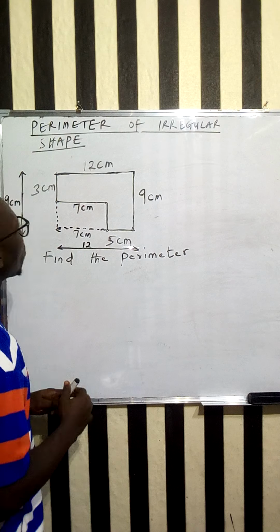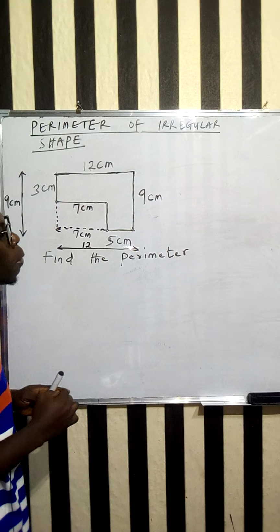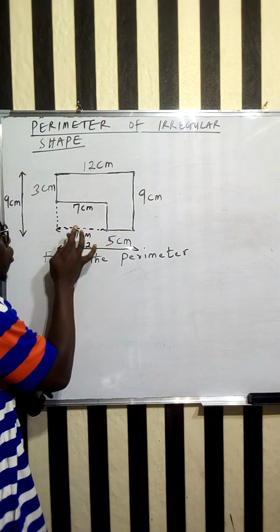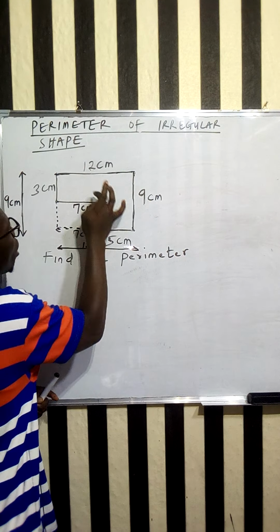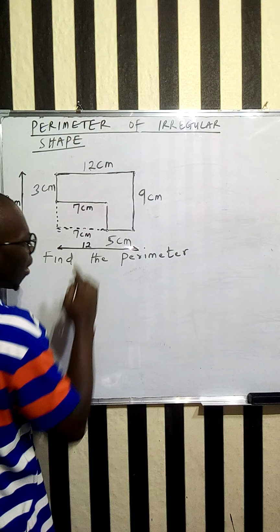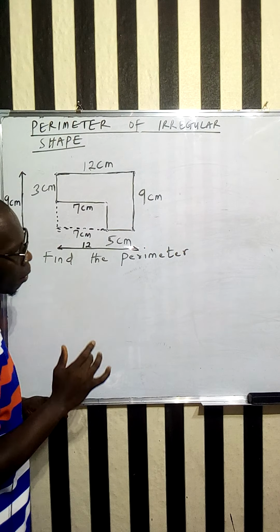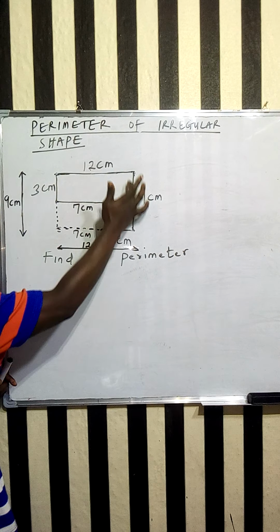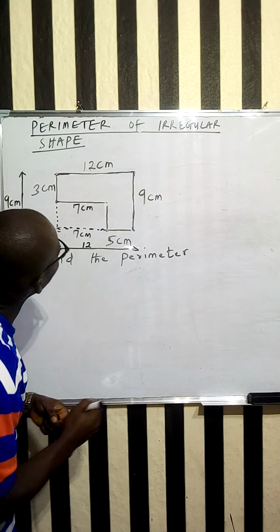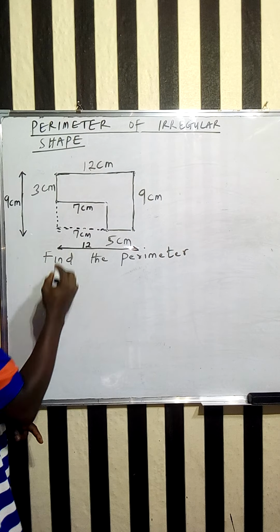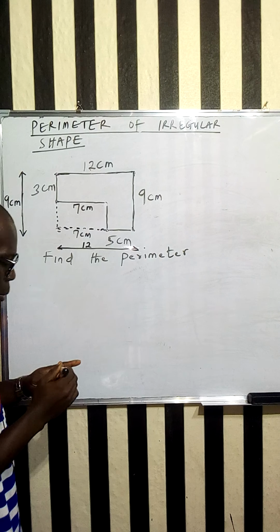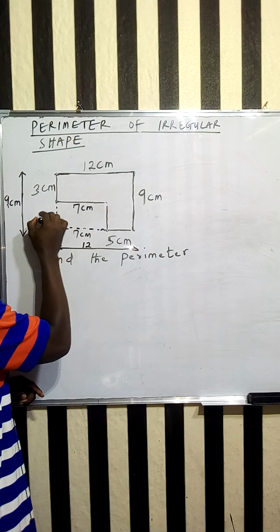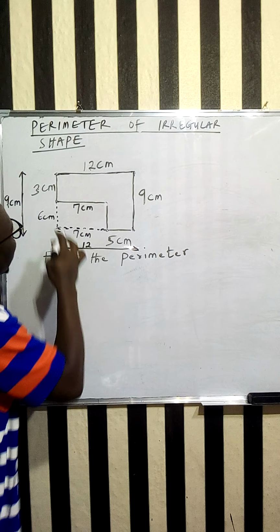All right. Now, we are left with this side here. For me to get this side, I will compare this side and this side. Remember, from here to here is 9, and from here to here is 9. So I will now say 9 minus 6 is what? 6 cm. From here to here is 6 cm.